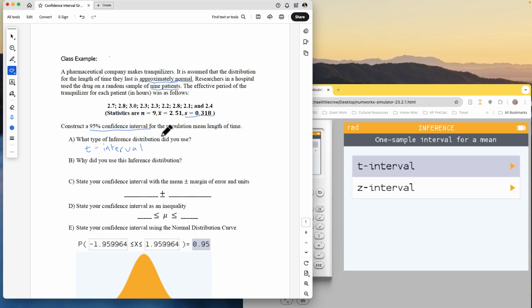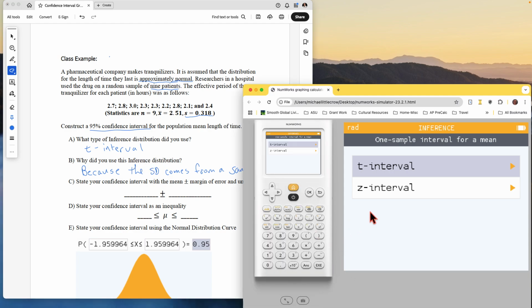Because the standard deviation, and it's okay if you abbreviate standard deviation as SD, comes from a sample. Now if it came from a population, if we had a population standard deviation, we would have used a z interval, but it didn't, so we used this one. So that's one choice. And now the rest is pretty straightforward.